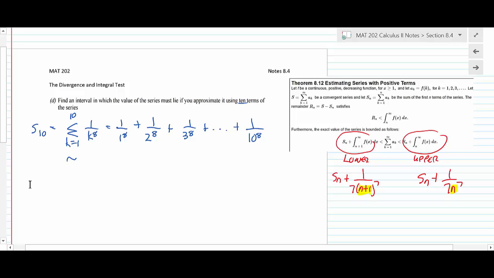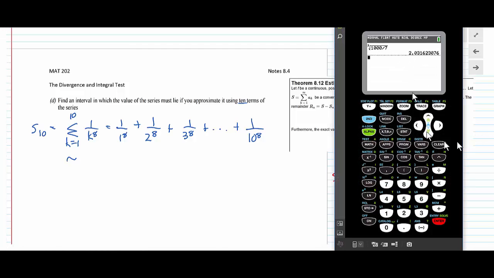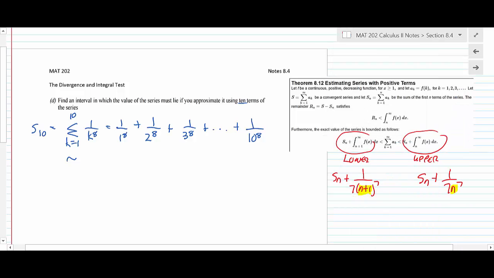I went ahead and did this on the calculator before class to make sure I had that. I think I wrote that down. Yeah, here we go. This is 1.004077346. Okay? And if you look at this convergent series, you kind of get an idea.